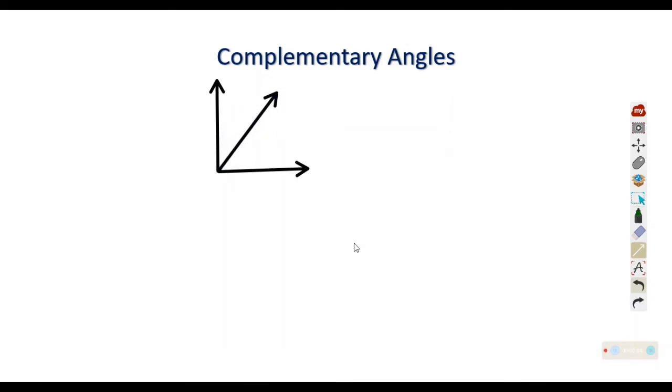This is just like adjacent angles, but the fact is that the sum is 90 degree. There are two angles, a pair of angles, where their sum is equal to 90 degree. We also understood that if these angles are separate, it can be like this also.